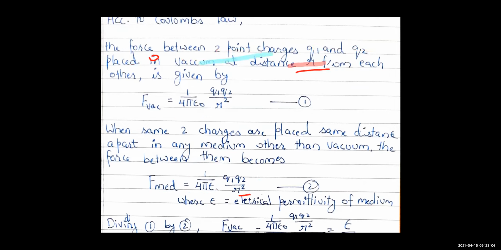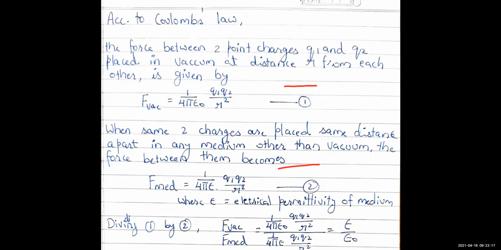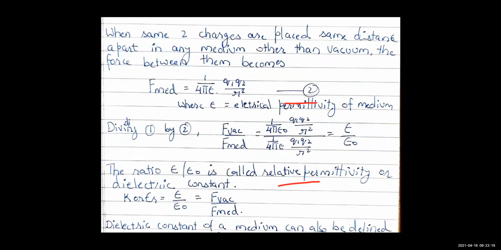What we are going to do is divide equation 1 by 2. So dividing equation number 1 by 2, what are we going to get, children? We will get force in vacuum upon force in medium, that is 1 upon 4 pi epsilon naught Q1 Q2 upon r square, upon 1 upon 4 pi epsilon Q1 Q2 upon r square.